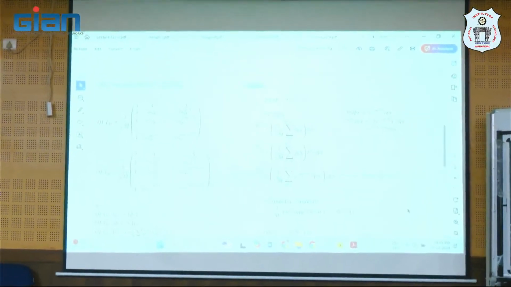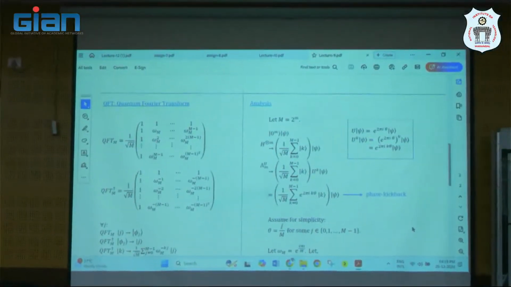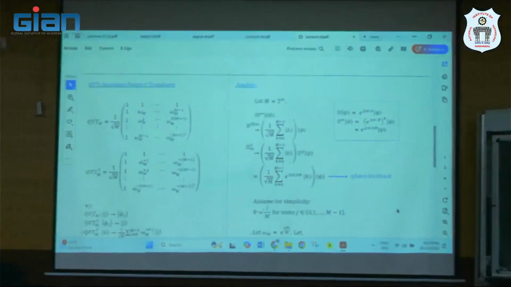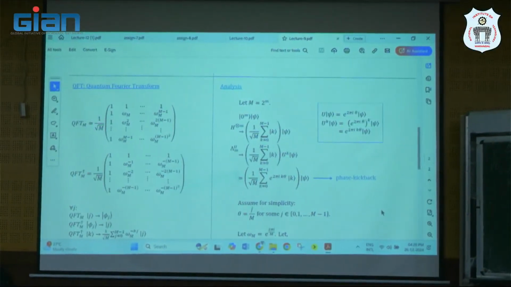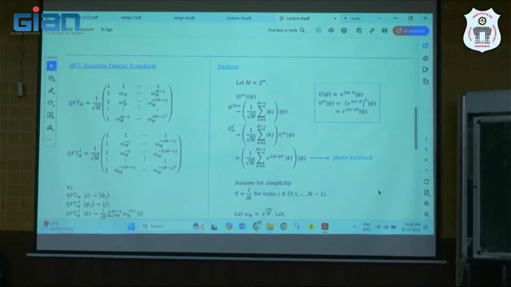But other than that, it is 0. So therefore, if you take any two different columns and multiply, you will get a summation of this kind, where k is non-zero, and it will be 0. If you take any column and itself, you will get a summation of this form where k is 0.